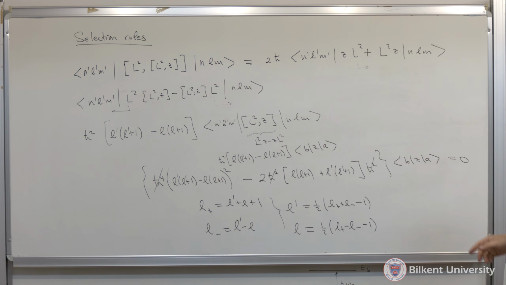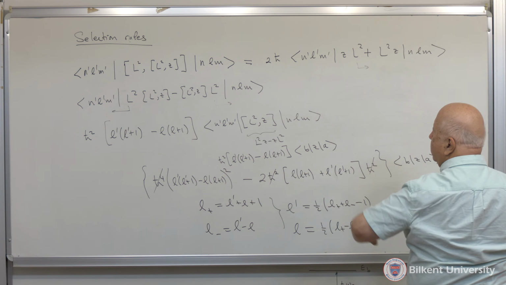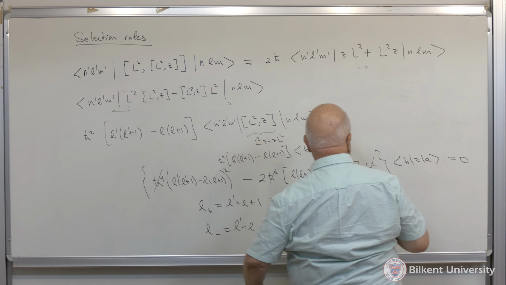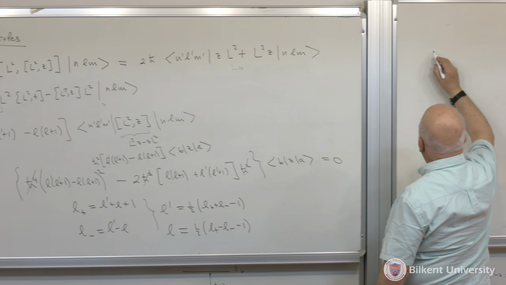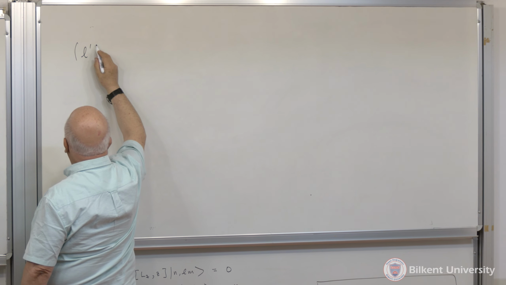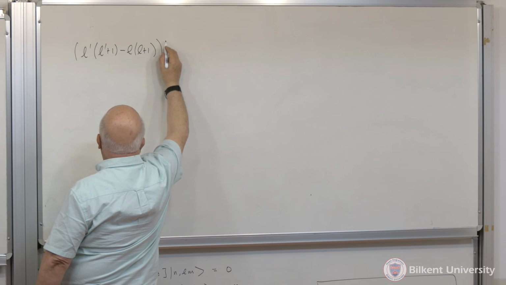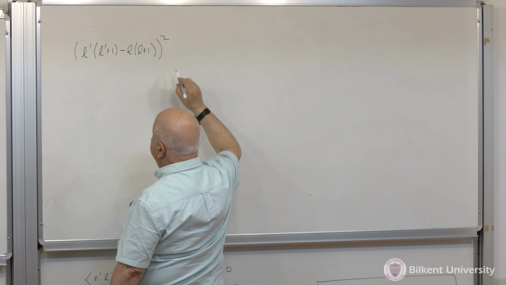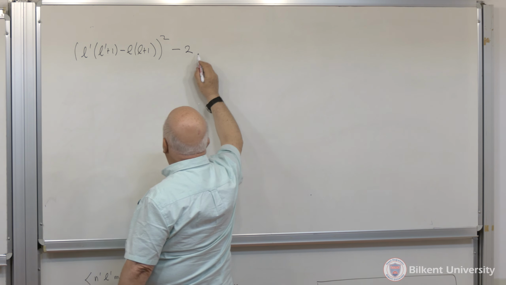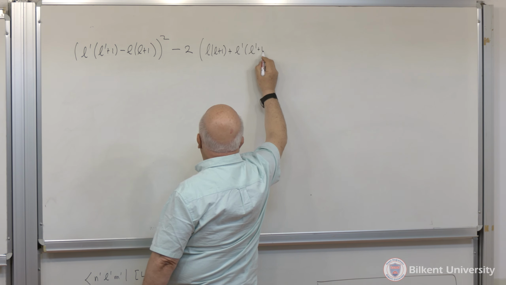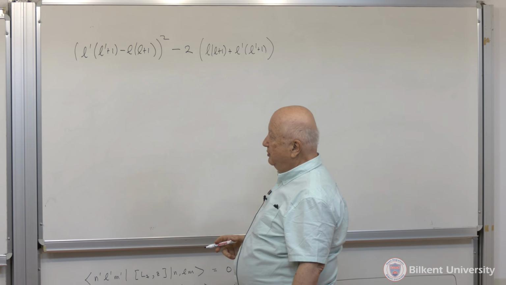All right, so let's now write that equation in. So I have l prime and l prime plus 1. So I'm just going to write this, maybe I'll write it here so that it's obvious what I'm doing. So l prime plus 1 minus l plus 1, squared, minus 2 times l plus 1 plus l prime plus 1, and I want that to be equal to 0.